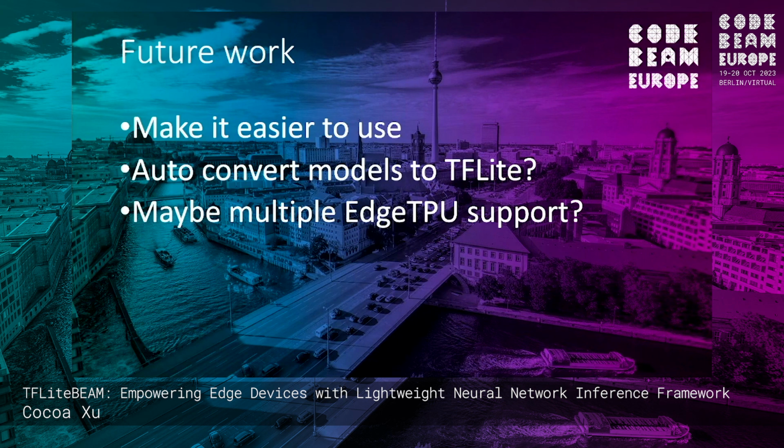So if you only have one Edge TPU, and you have two models, for example, you have one for image classification and one for audio recognition, and if you regularly switch those models on your Edge TPU, then the performance will be really bad or not as expected. So that's why I want to try multiple Edge TPU support and also make that easier to use for you.